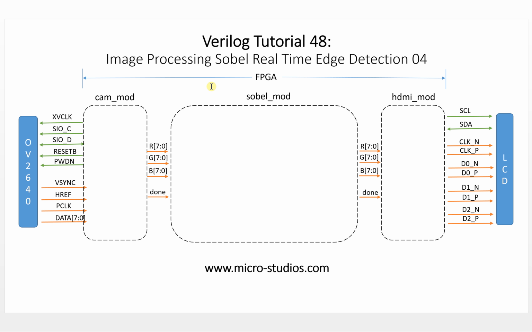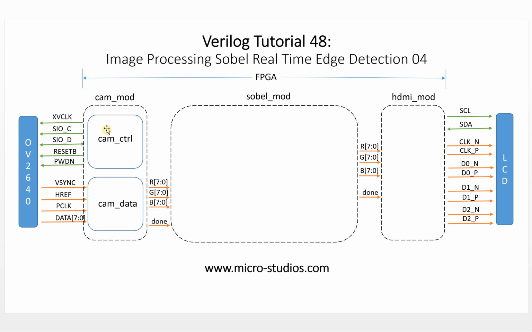Let's take them one by one, starting with what's inside the camera module. Take a look at this picture. Inside this module, we have two sub-modules. The first is the camera control module.